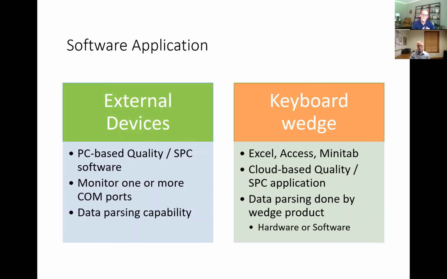It's easier just to use a keyboard wedge product and send the data up. Data parsing, if there is any to be done, is done by the wedge product, and we have hardware and software wedges, and the right solution for you is dependent on what product you're using and how you're using it and what data you need to go with.